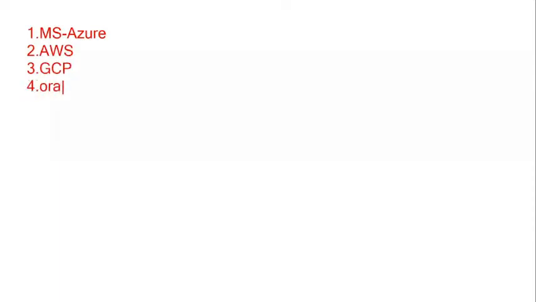Fourth, Oracle Cloud. Fifth, IBM Cloud, which I can say IBM Bluemix. Sixth, Alibaba. Also we have OpenStack. We have n number of cloud vendors to provide cloud computing technology.